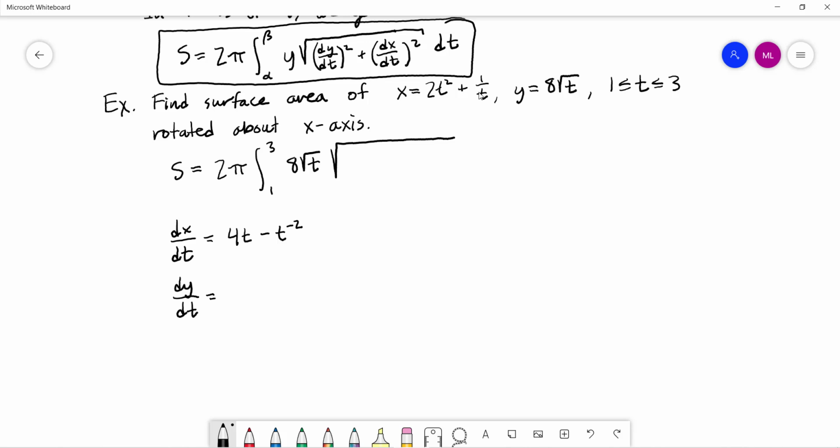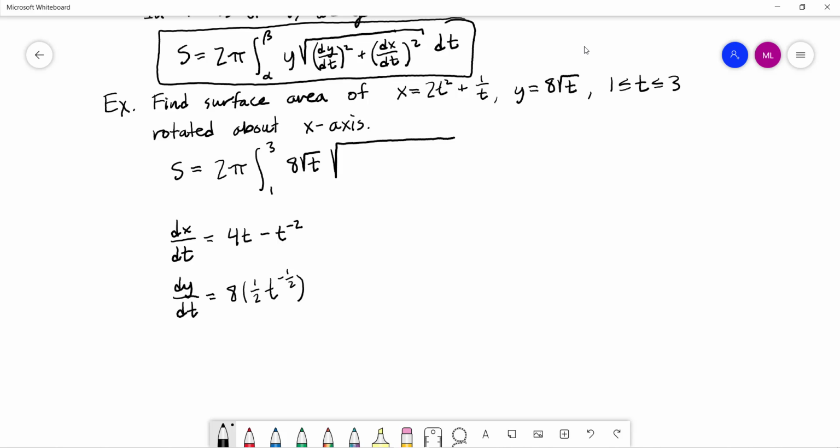And then for dy/dt, the derivative of this, that 8 just sits there. And we've got t to the 1/2 power, so that 1/2 will come down, and the power will decrease by 1. So that's what we've got in these two cases. Those are what I need to plug in. I need to basically square those and plug them in.